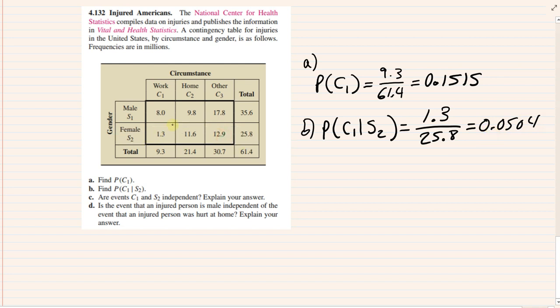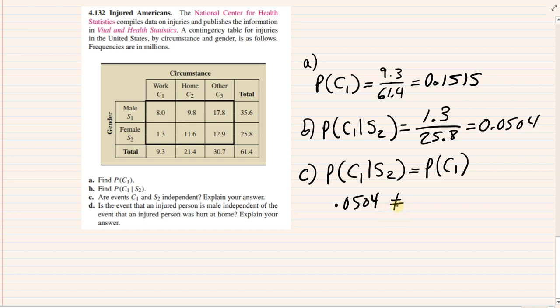Now in part C, are events C1 and S2 independent? A test for independence, remember, is if the conditional probability of C1 given S2 equals the probability of C1, that means gender has nothing to do with it. So this conditional probability is 0.0504, which does not equal the marginal probability of just C1, which is 0.1515.